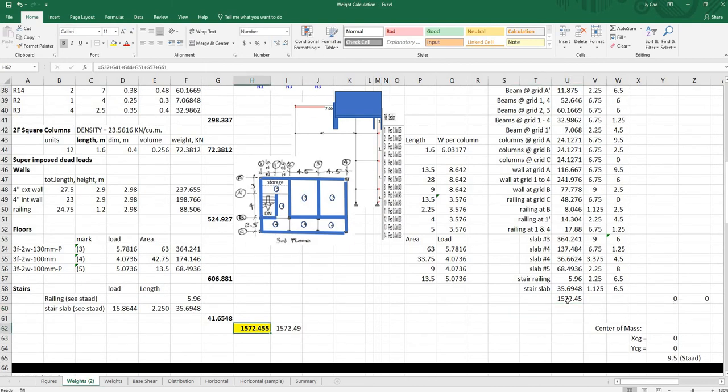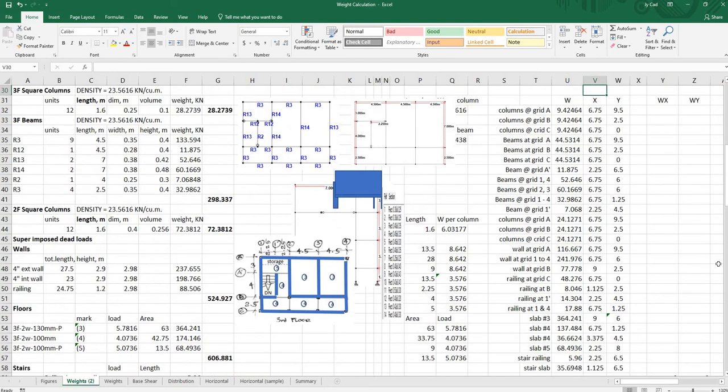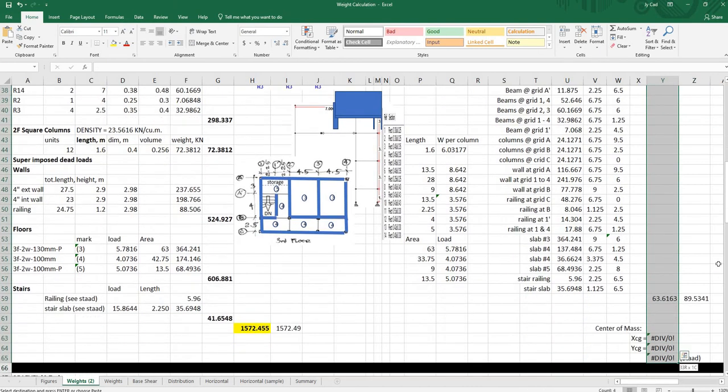Okay, so next, we now compute for the Wx and Wy. So weight times x, tapos dito naman weight times y. Then we copy that, paste it for all weights.